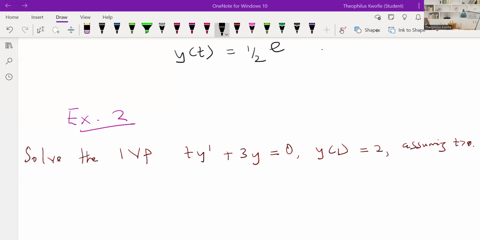What if the question is put in a way that the solution must exist within a certain domain or region? That's what this problem is about. We are going to ensure that we have a particular solution, not just a general solution.